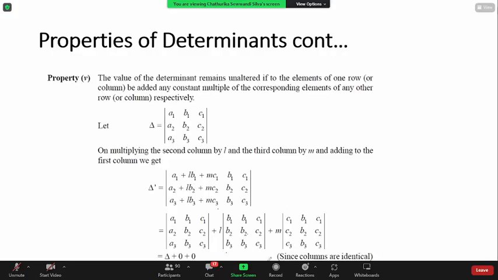So therefore, although we have multiplied the second column with L and the third column with M and added them to the first column, we made a big first column, but the determinant did not change. Why does the determinant not change? That is because the determinant of this matrix and the determinant of this matrix is 0.